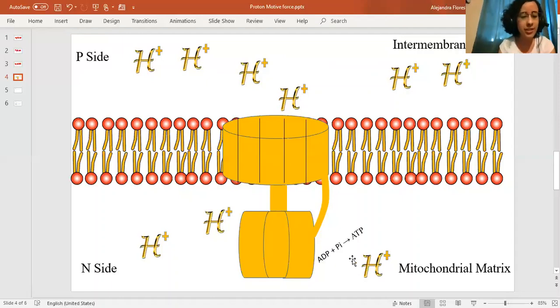And we have seen this system in other things. Photosynthesis also uses the same idea of having a proton gradient to synthesize ATP. The p side and negative side are different for them, but the general idea is the same. The p side is gonna be where the higher number of protons are, and the negative side is gonna be where the fewer protons are.